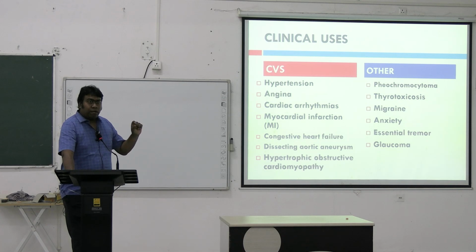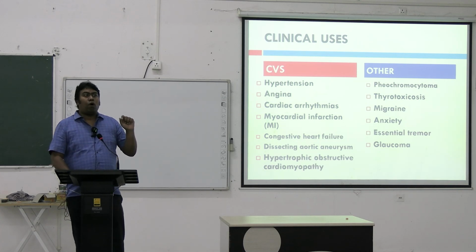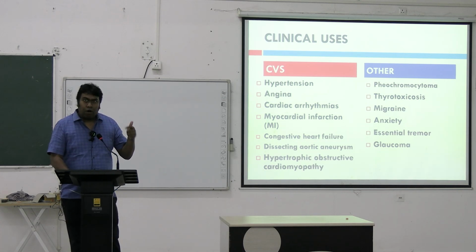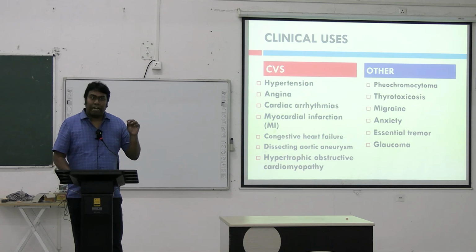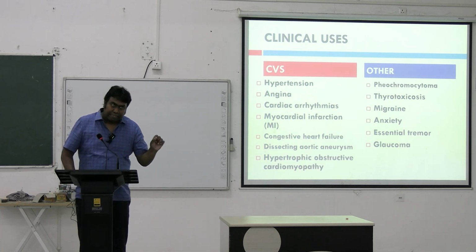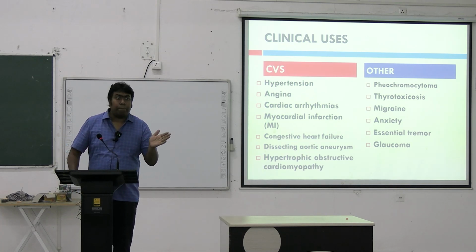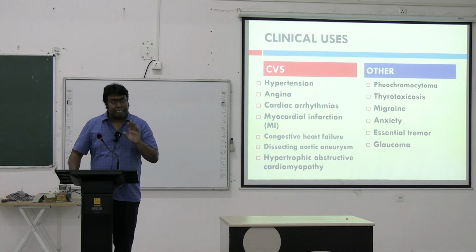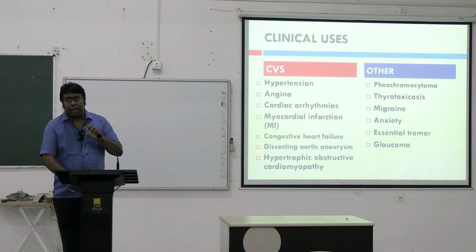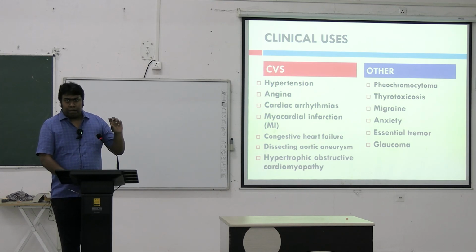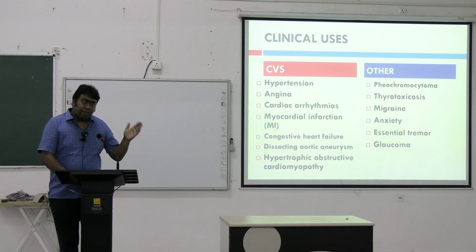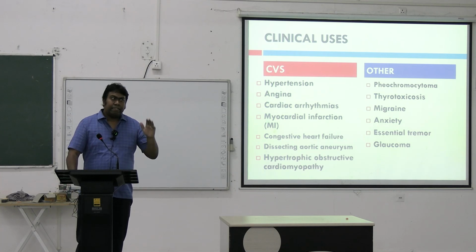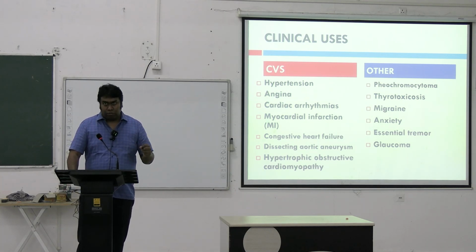Beta blocker doesn't alter the synthesis or release of thyroxine, either T3 or T4, but it prevents the peripheral conversion of T4 to T3, and T3 is responsible for the action. So if the peripheral conversion is less, the thyrotoxic state can be controlled.